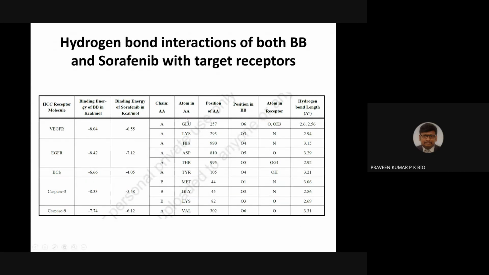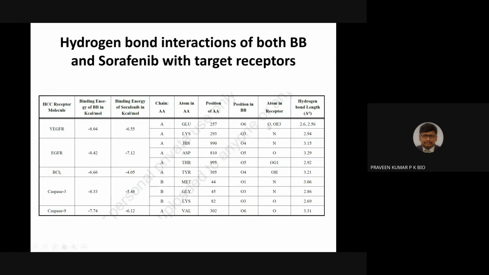Yeah, actually, if you see the bond interactions, Berivnon B is the desired drug. If you see the docking of Berivnon B with the VEGFR receptor, that is vascular endothelial growth factor receptor, the energy I generated after docking is minus 8.04 kilocalorie per mole. And the O6 position atom in Berivnon B is interacting with the A chain of glutamic acid 257 at these atom positions.